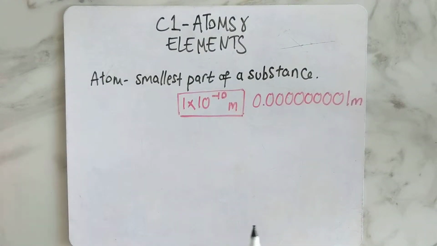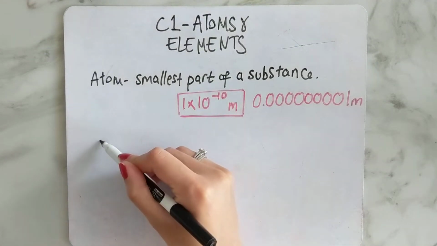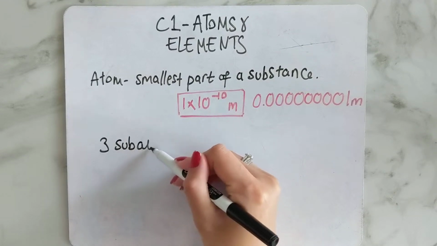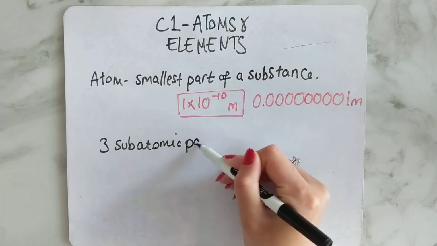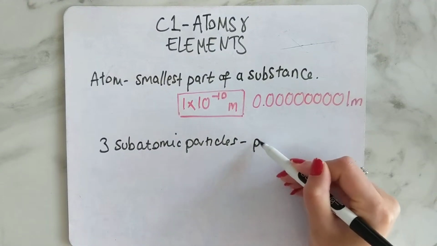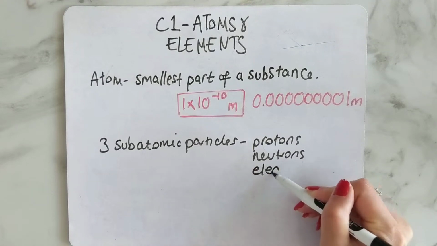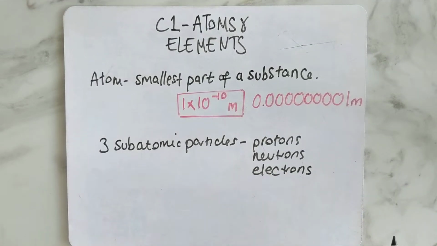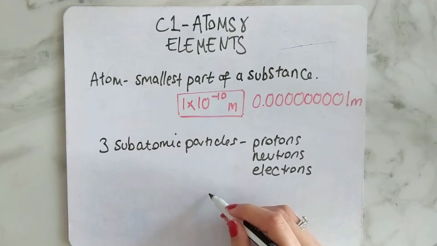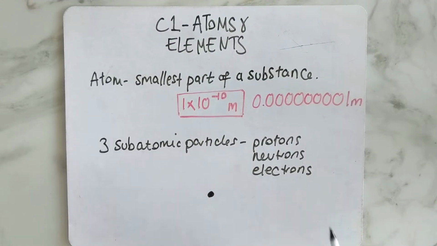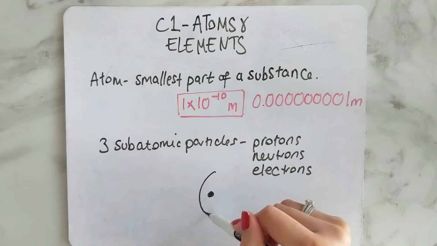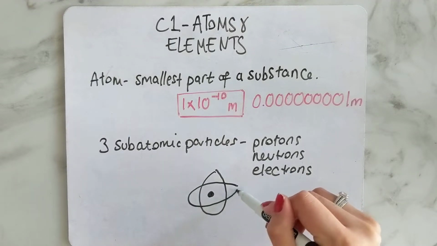Okay, so the structure of an atom then. The atom contains 3 subatomic particles. The 3 subatomic particles are protons, neutrons, and electrons. And all that means is what is inside the atom, what is the atom actually made out of? It's these 3 particles here. If we have a look, an atom has a nucleus, and it's also got shells around the outside, which look a bit like this.